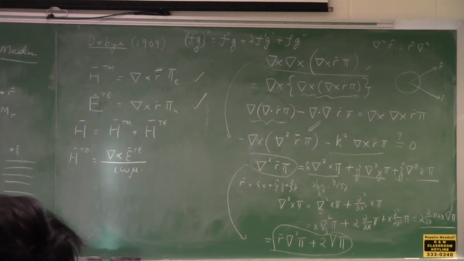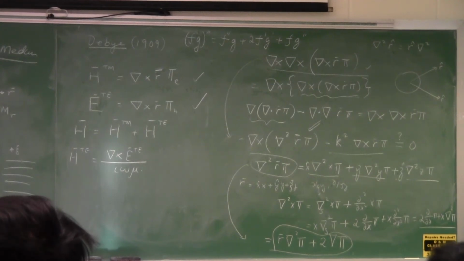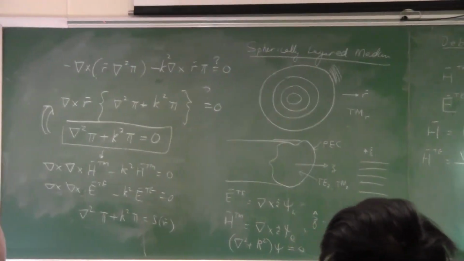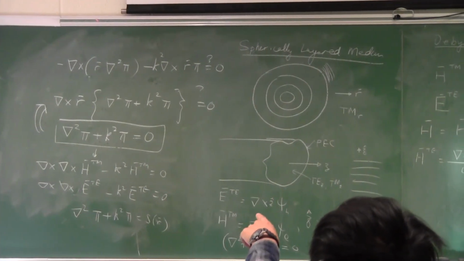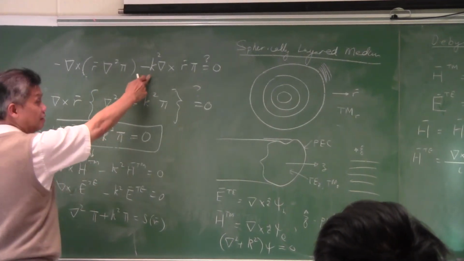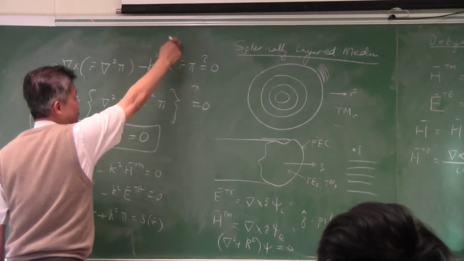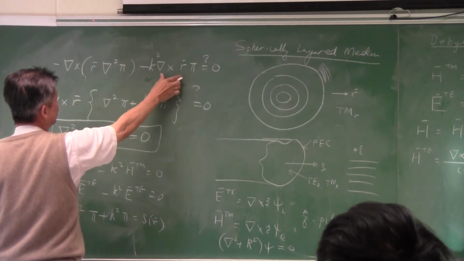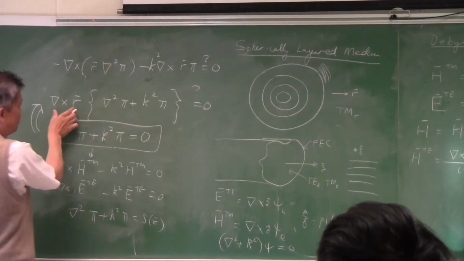I think this line is true, but from this line to the second line, there should be another condition imposed, right? Because from the chain rule, there is another line other than the second line. No, the condition is that k squared is a constant. k squared is a constant, so k squared can be put in front of the pi. And then curl of R is just a factorization.